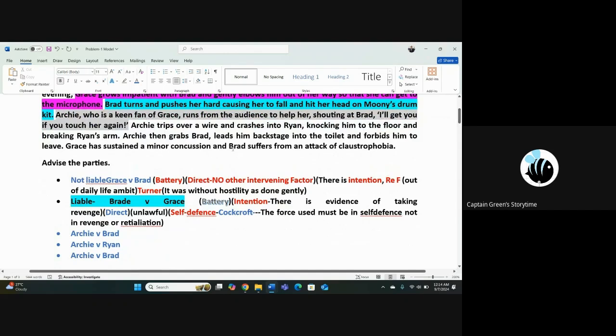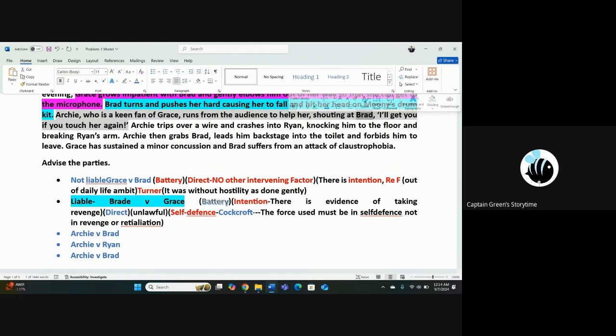The situation is now between Aki and Brad. Now let's see whether she would be liable and which one of the offenses would apply. Use your mind. Is there any false imprisonment here?